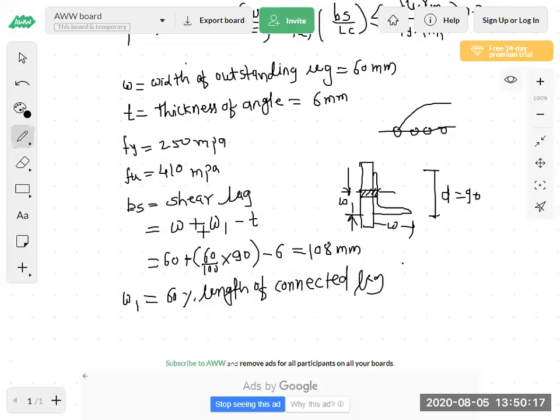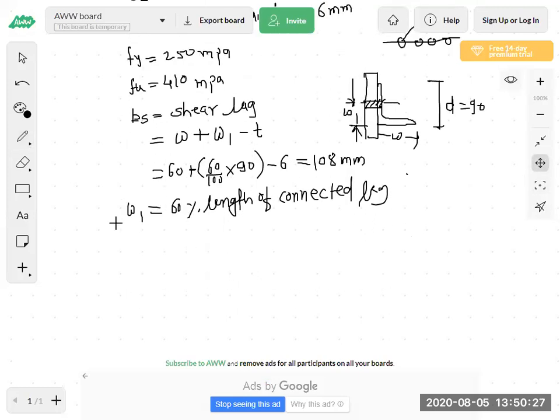Everyone, please understand how to calculate BS. Please tell me: BS equals W plus W1 minus T. Using this formula we calculate BS. Now BS is over.